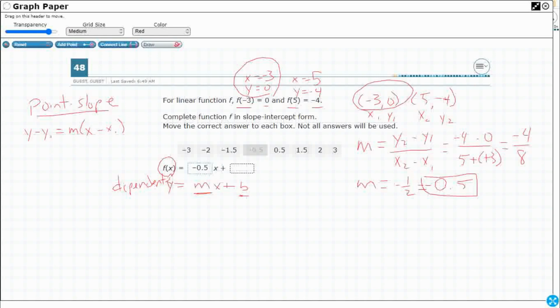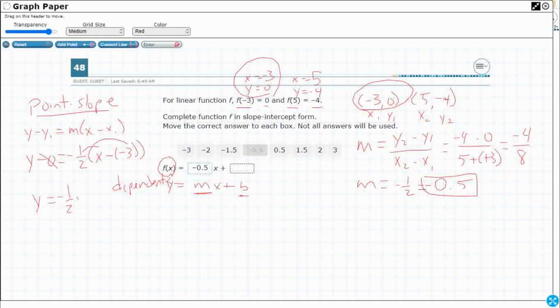So my y minus, and then my y coordinate is 0, so that's easy. My slope is negative, I'll just do the fraction because I find fractions easier to multiply. X minus, and then my x coordinate is 3. So I'm just going to get rid of that. Y equals, look, it's already in my slope-intercept form. I just need to distribute this out.